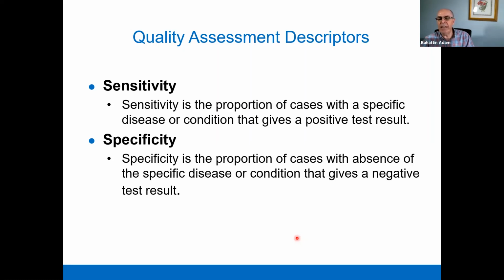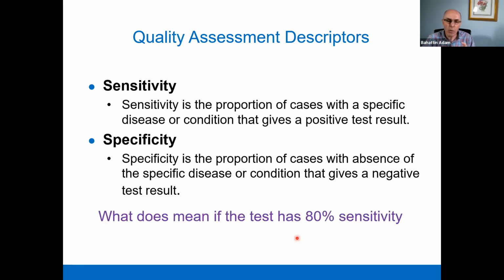If they are all negative, the proportion of negativity is the specificity. Let's say you test them and about 70% were negative. That means the specificity of your test is 70%.